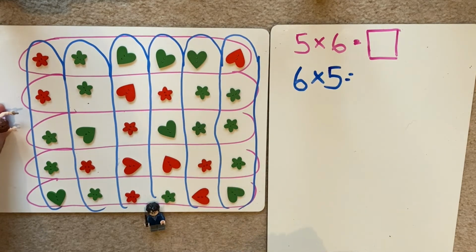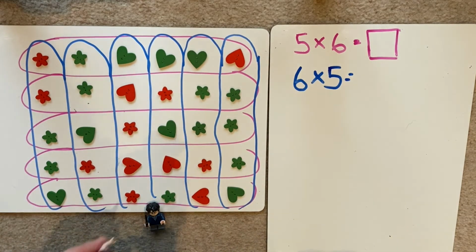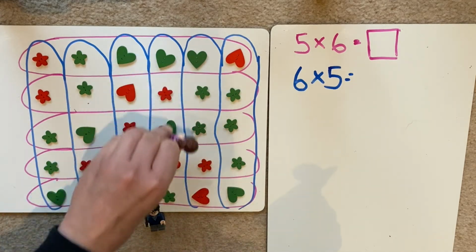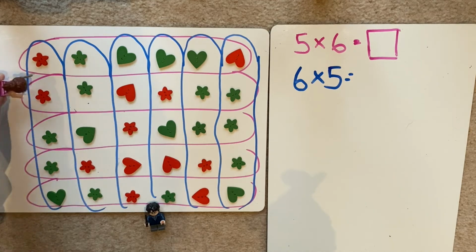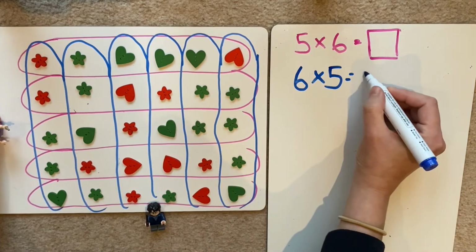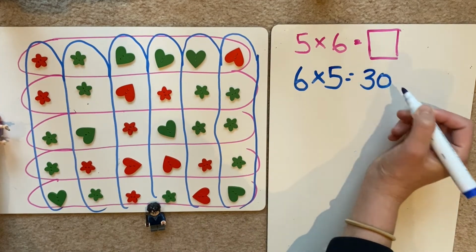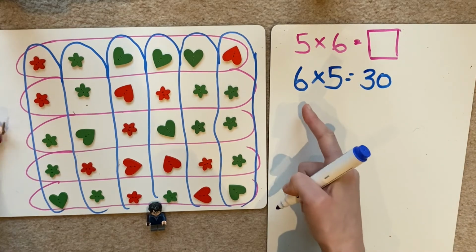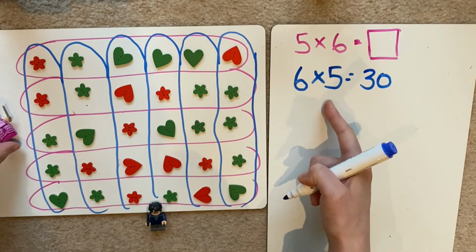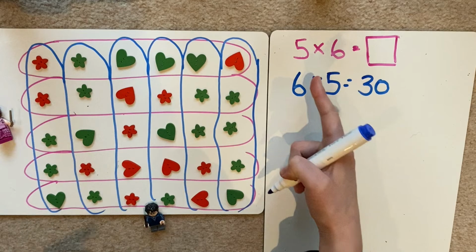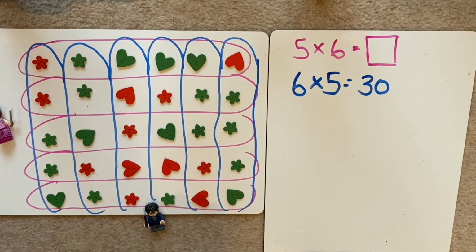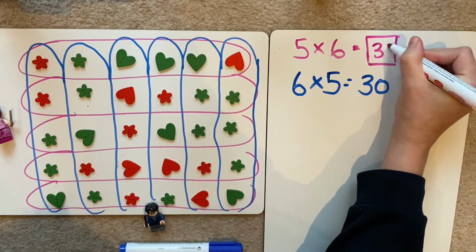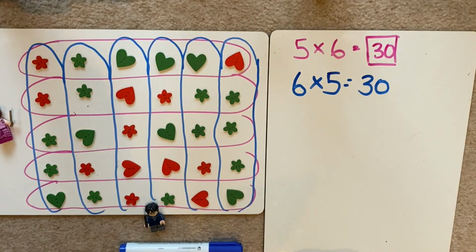So she's going to count in fives. 5, 10, 15, 20, 25, 30. 6 times 5 is 30. So if you know 6 times 5, you also know 5 times 6. So the answer is, let's get my proper pen out, the answer is 30.